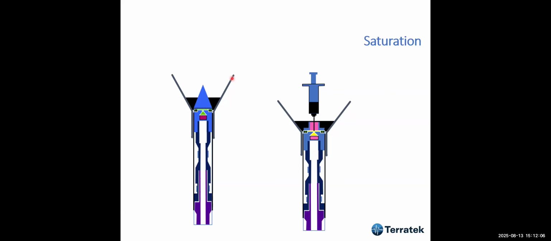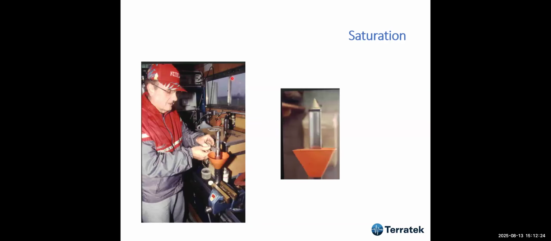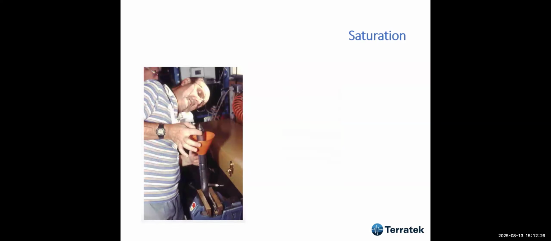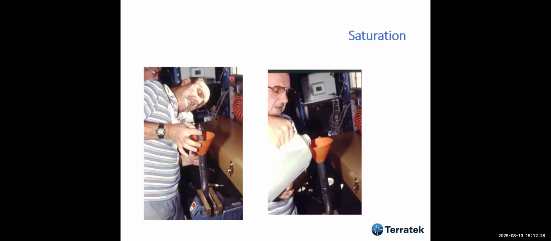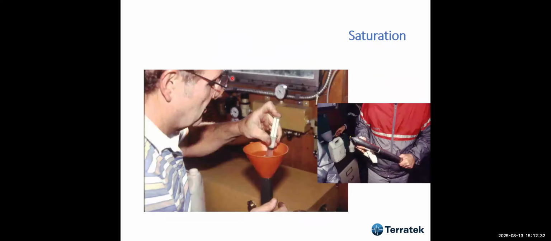The liquid can be either silicone oil or a mix with water. And this is when Professor Campanella gave me a class on how to do the saturation. This slide, I think, was 1990 or 1991 while I was at UBC.